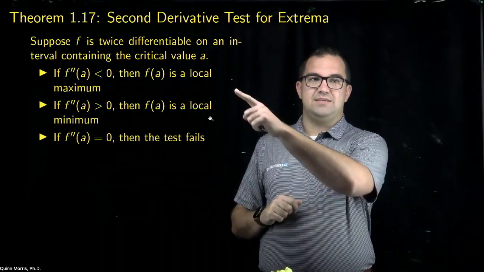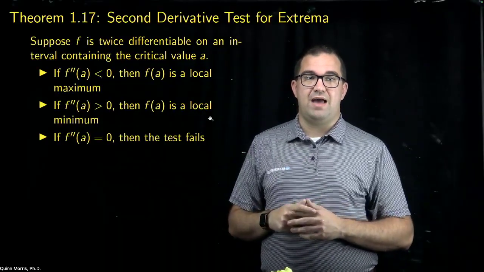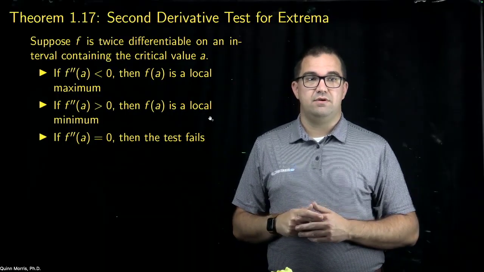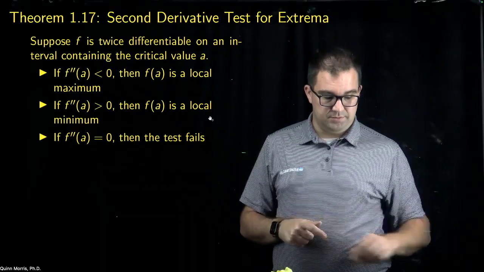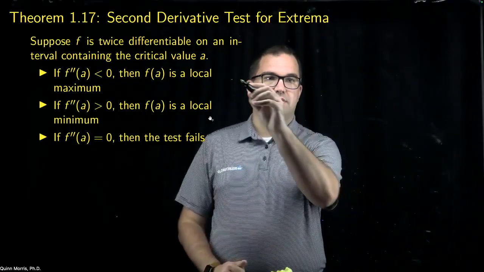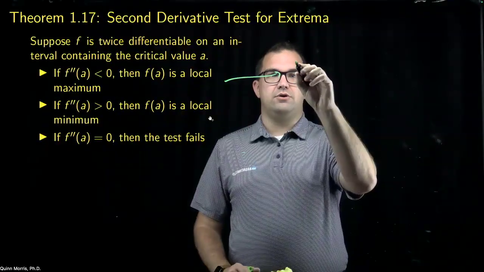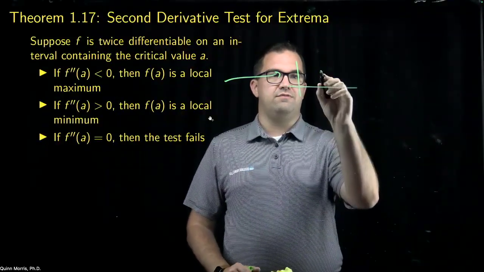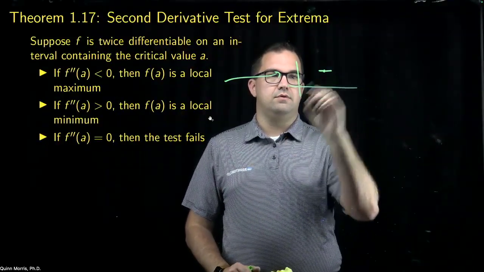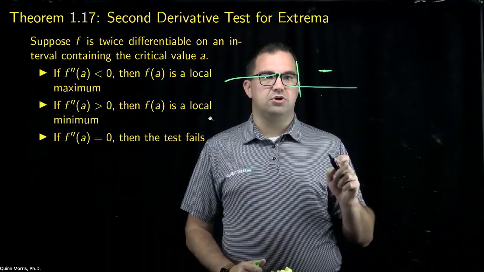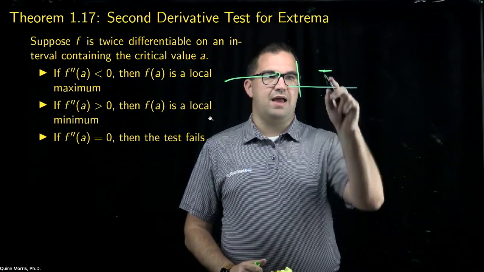The second derivative test says simply, if the second derivative at your critical point a is negative, then f of a is a local maximum. Thinking back to these pictures, if I'm at a critical value, I know the derivative there has to be zero, so my function is locally flat at that point, but I also know it's concave down.